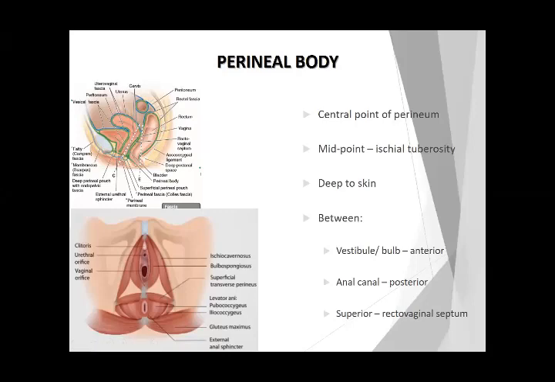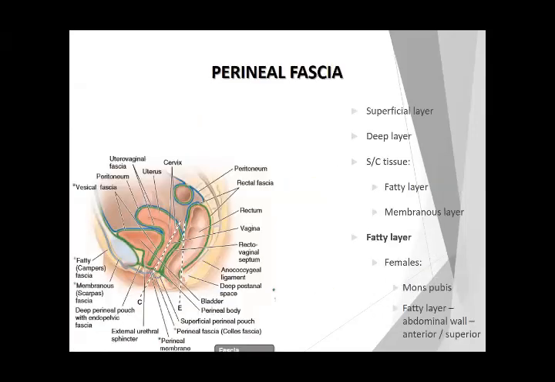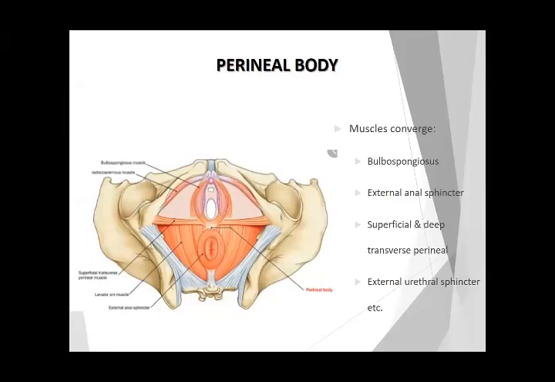Now the important thing about this perineal body is that this is a fibromuscular mass of smooth muscles and skeletal muscles, both types of muscles. Okay? So you have multiple muscles running into it, getting inserted into this perineal body. These muscles are the bulbospongiosus. This is the bulbospongiosus inserting into the perineal body.